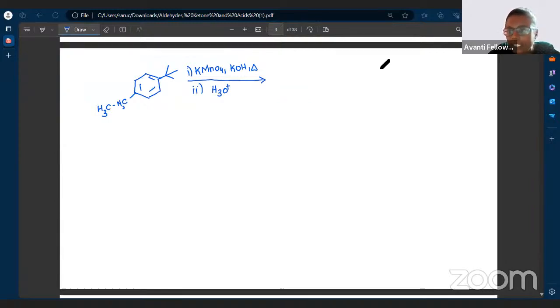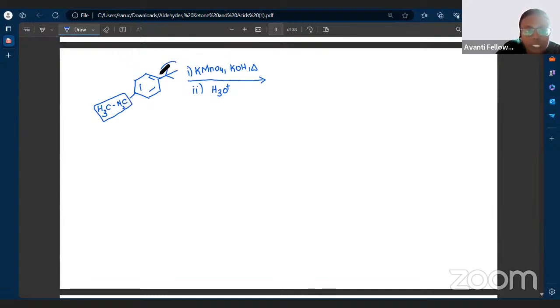It is the aldehyde ketone chapter. Yes. So now when you treat it with KMnO4, KOH, KMnO4 is a good oxidizing agent. What happens over here is that the side chain will get converted into COOH. So the side chain gets converted to COOH.